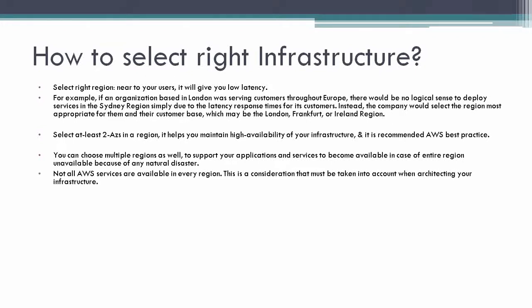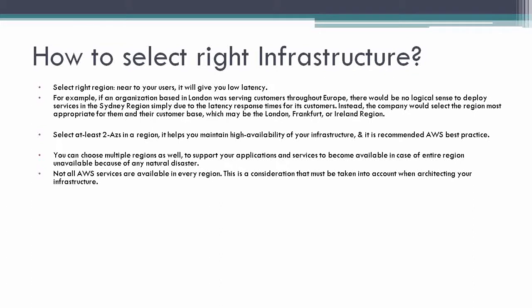Not all AWS services are available in every region. This is a consideration that must be taken into account when architecting your infrastructure. So you are going to create some application. What services are you going to use?